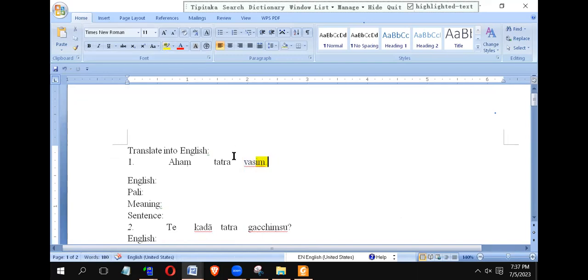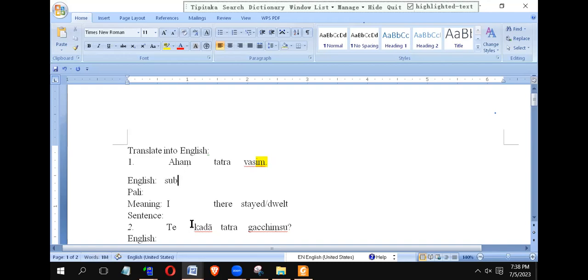So when you see the Pāļi like this, the first thing that you should do is, if you know the meaning, you just write the meaning. Tatra, you know the meaning, there means there. And then this is stay or dwell. Now, English means subject.